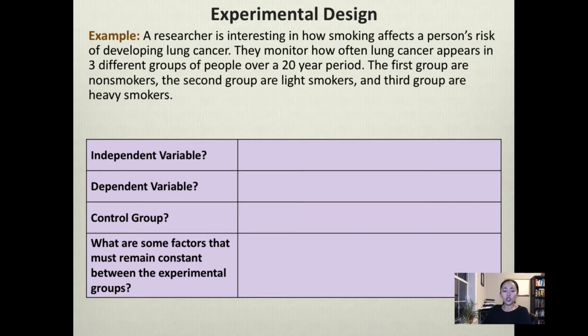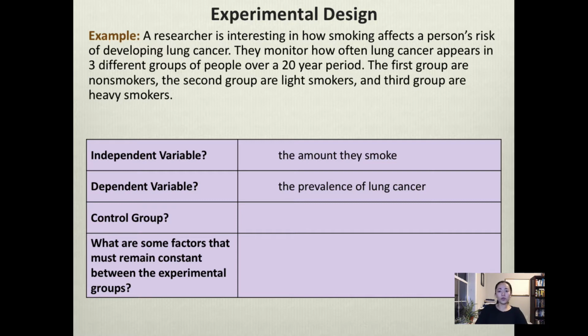So what is the independent variable here? Well, the independent variable here, so what is causing a change in something else? Well, that would be the amount the individuals smoke. The dependent variable, so what is dependent on the amount they smoke? Well, it's the prevalence of lung cancer, whether or not they get lung cancer.